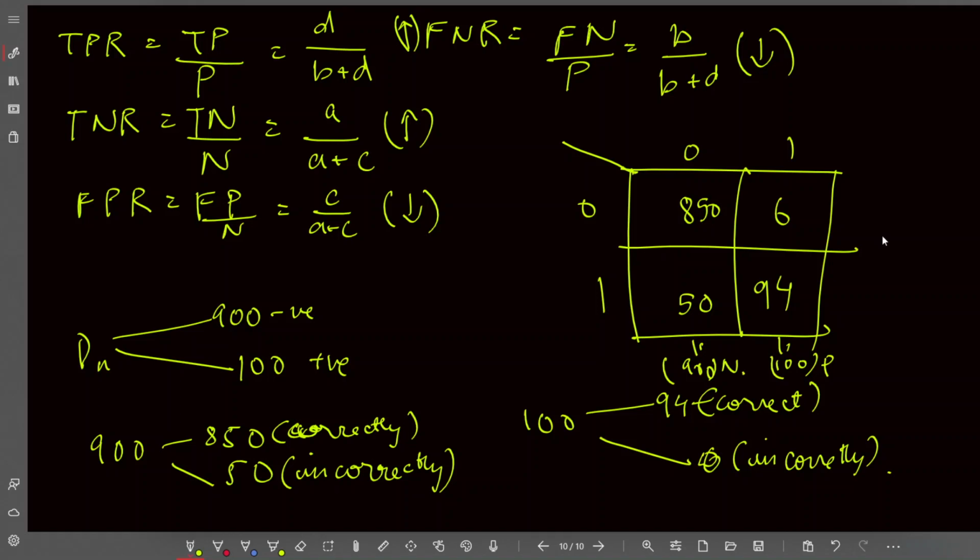So using TPR and TNR, I have a good idea about what is the actual positivity and the negativity rate, which is 94 upon 100 and 850 upon 900, right? So this is how a confusion matrix can help you overcome the problems of accuracy, because even in an imbalanced data set, these 4 rates, TPR, TNR, FPR, and FNR, can help us understand how the model is performing.